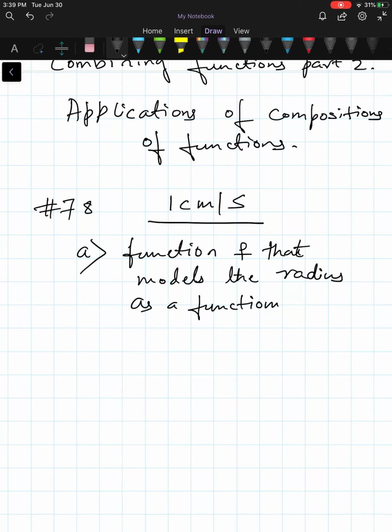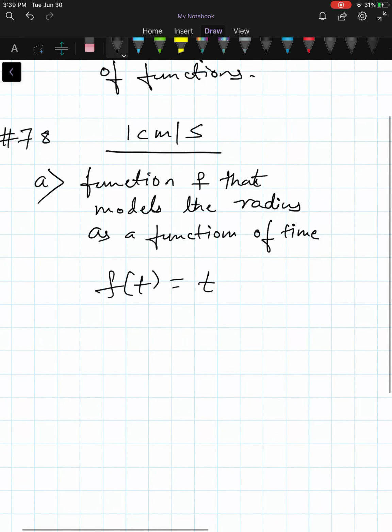Because we have it increasing at 1 centimeter per second, we can write that if t is the time, our input for the function f, then f of t is equal to t itself, because the radius is just increasing 1 centimeter per second.